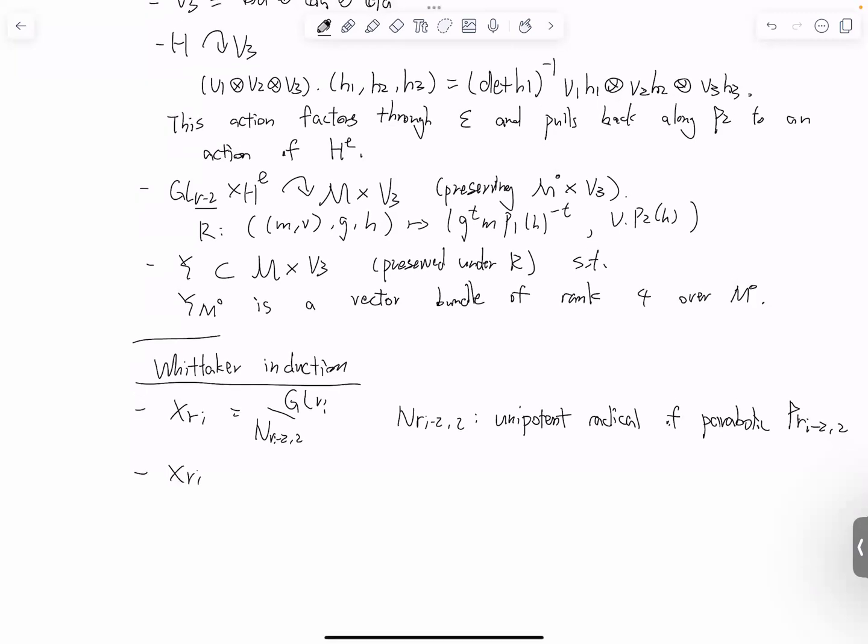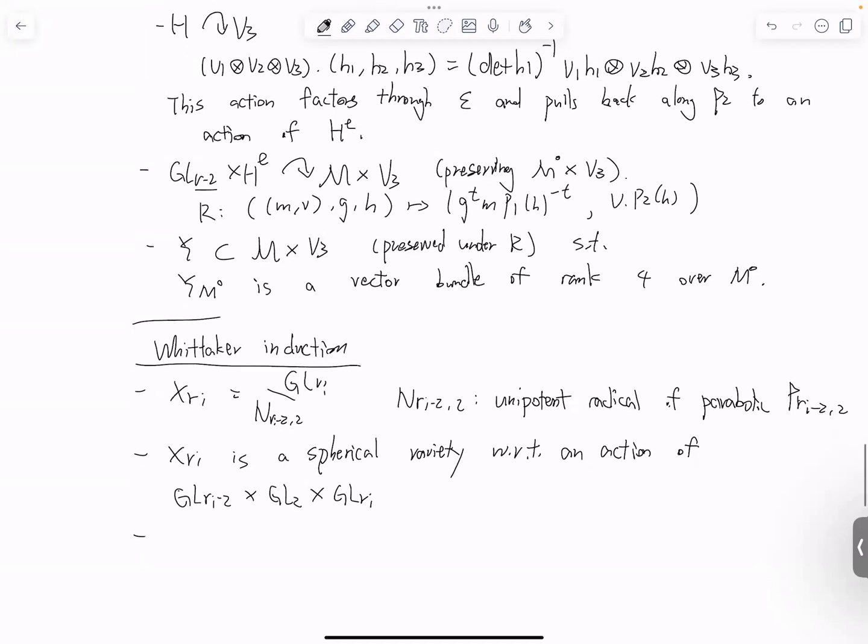Then XRi is a spherical variety with respect to an action of GL(Ri minus 2) cross GL2 cross GLRi, which I will not specify here.